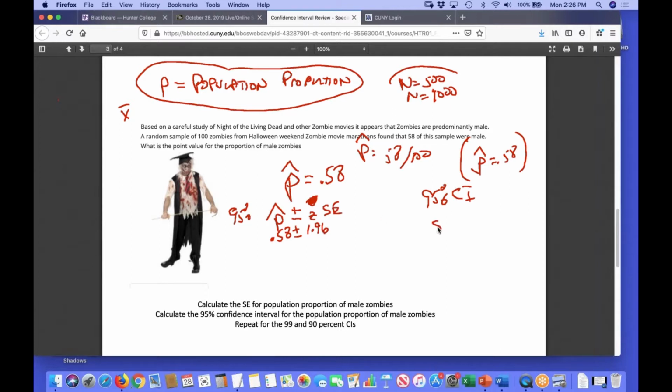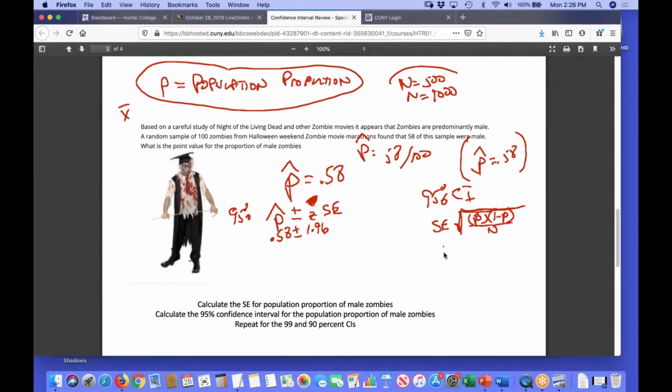What's our standard error going to be equal to? This is a bit different than it was before. Our standard error is going to be equal to the square root of P cap, in our case, because we don't know what P is, times 1 minus P cap, over our sample size. As the sample size gets bigger, standard error becomes smaller, which is what you would expect. We know our variability with a bit more precision.